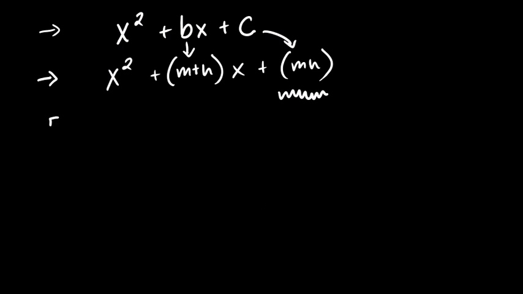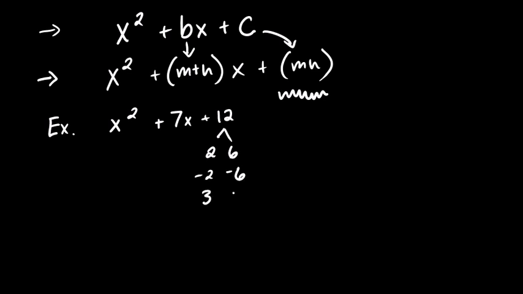So the very basic example is x squared plus 7x plus 12. So I had you write it like this in class. What are factors of 12 that add to 7? So you might be looking at multiple factors here.